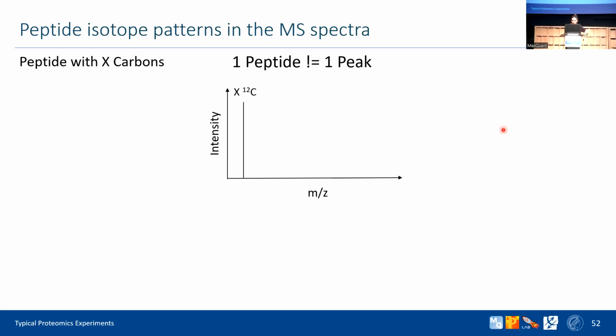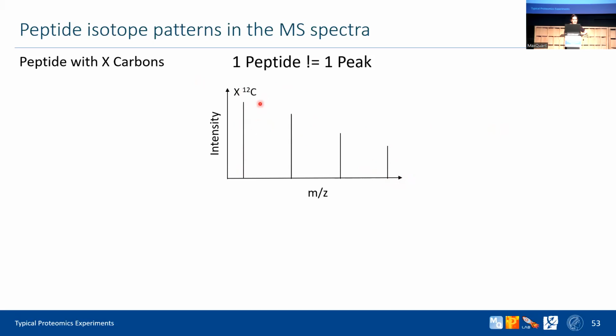But what actually happens? I will have multiple peaks that correspond to the same peptide. Let's say I have 4 different peaks for this peptide, and we call this the isotope pattern, or isotope envelope, of the peptide.